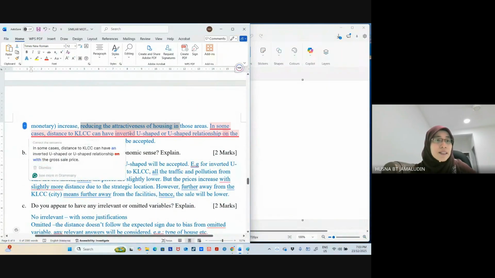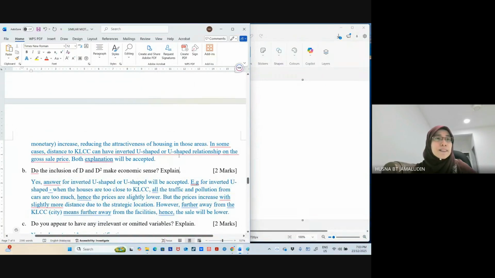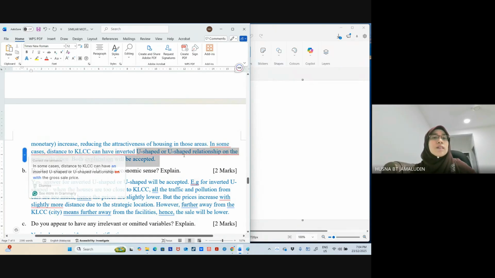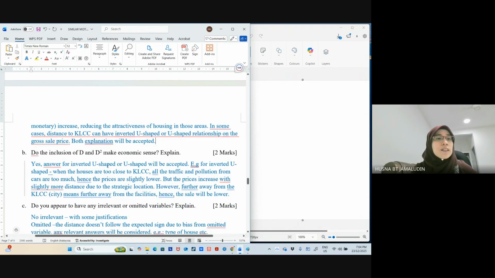But sometimes distance from the facility or from the city can have an inverted U shape or U shape. So you have to explain. Do the inclusions of D and D squared, which you have been tested, make economic sense?